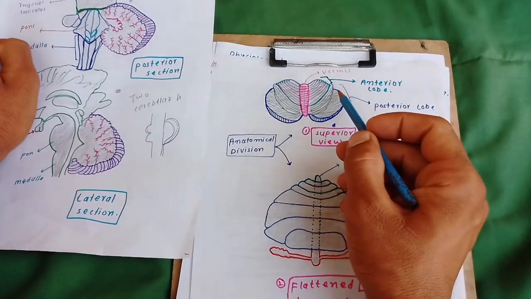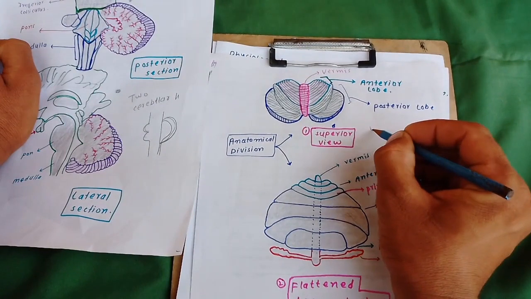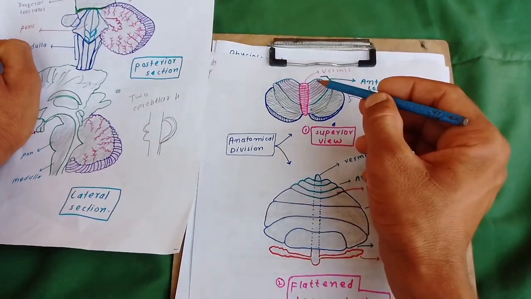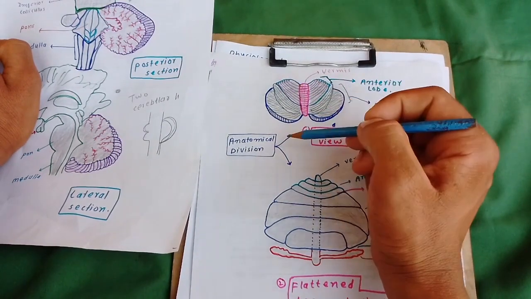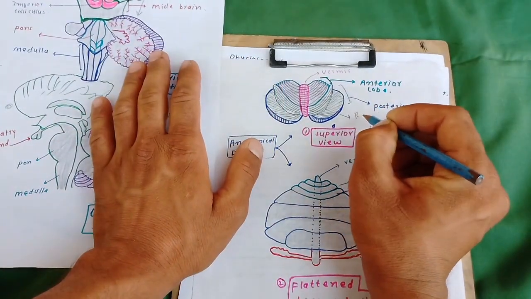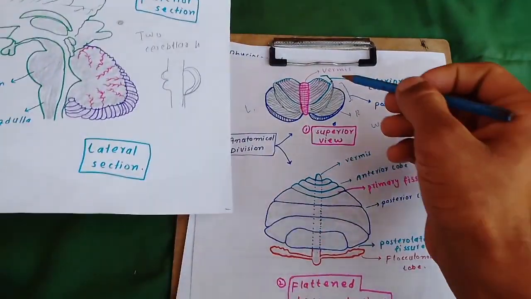So this is the superior view of the cerebellum. The vermis is a worm-like structure which joins the right cerebellar hemisphere and the left cerebellar hemisphere. So this is the right and the left. This is the superior view.